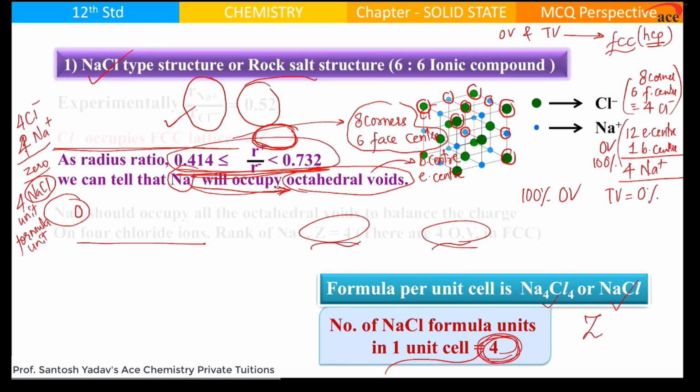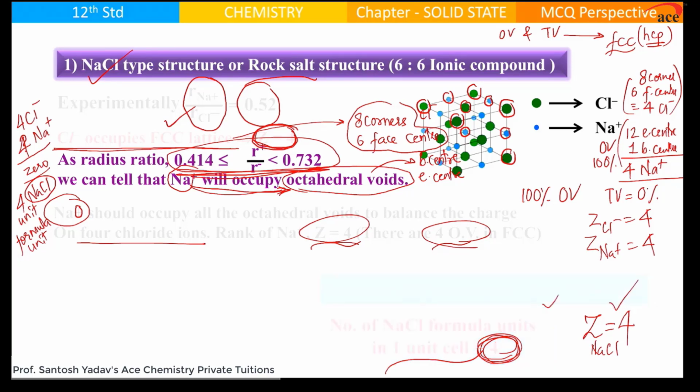So, we say rank for NaCl is 4. Rank for Cl minus is 4, rank for Na plus is 4, rank for NaCl is also 4. This is what we understand.